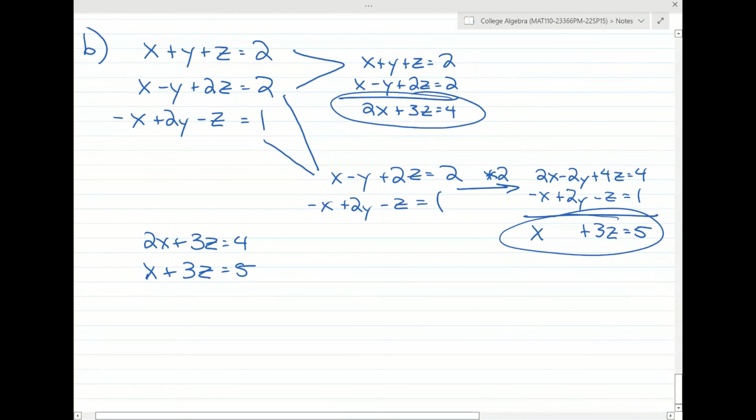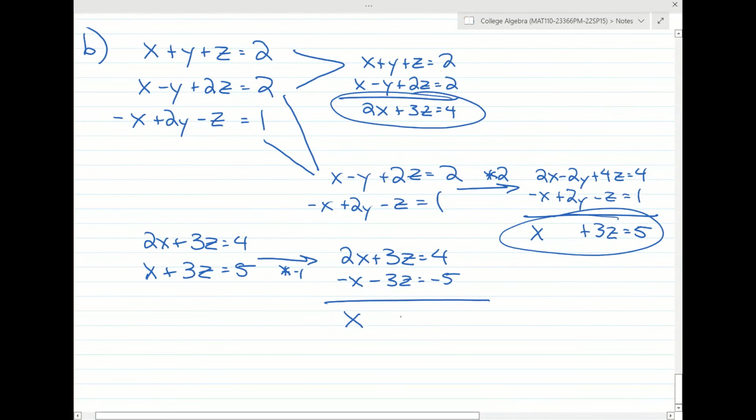We want to try to eliminate one of the variables. So if we just multiply this bottom one by negative 1, we get 2x plus 3z is equal to 4. Negative x minus 3z is equal to negative 5. So x would just be negative 1.